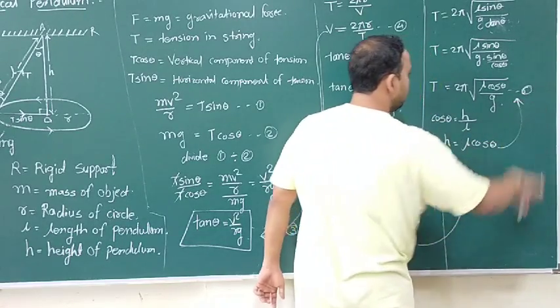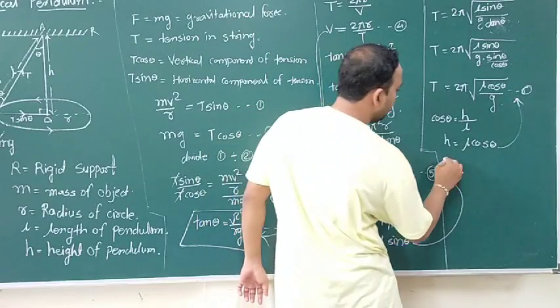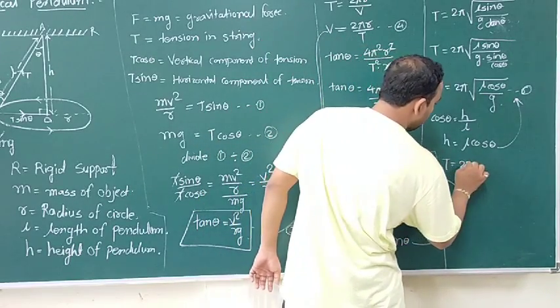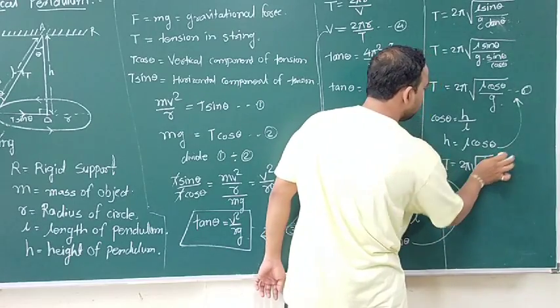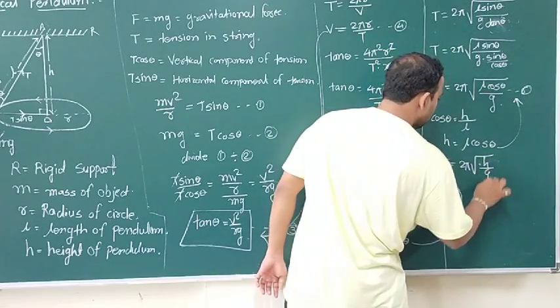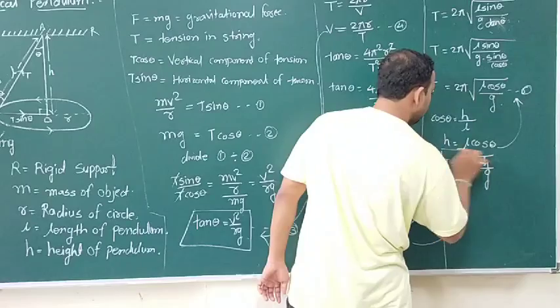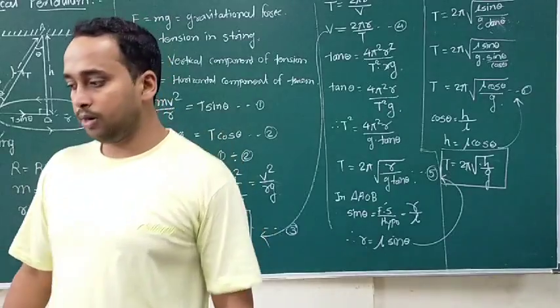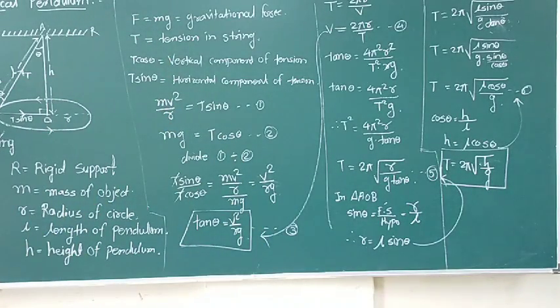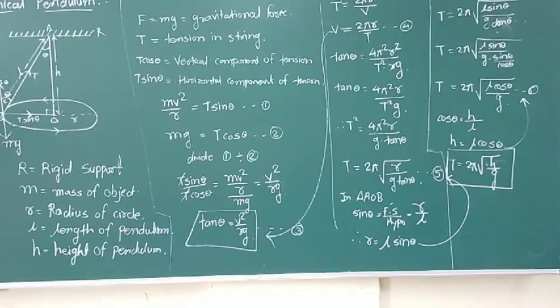Substitute in equation number 6. So we get T is equal to 2 pi under root L cos theta, that means H upon g. This is the formula for the conical pendulum, the time period of the conical pendulum. Okay, now see here.